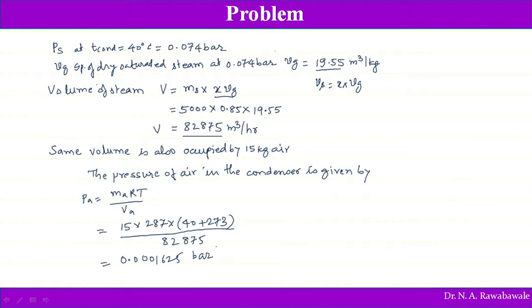So this will actually be 16.25 Newton per meter square. On conversion into bar, dividing by 10 to the power 5, we get this partial pressure of air as 0.000165 bar.